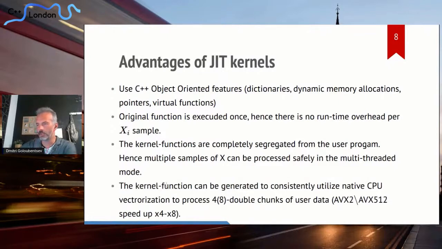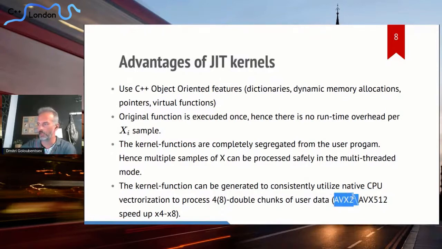Since we know we're going to process multiple samples of X, we can automatically generate these functions in vector form, right? So we're not trying to vectorize a function for one sample. We know we're going to process 4 or 8 samples at a time. So all the operations we execute, all multiplications and so on, are automatically done in vector format.